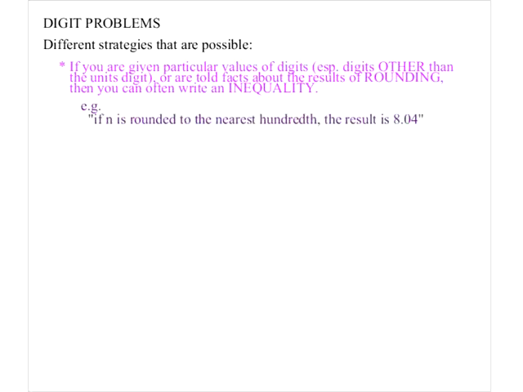Then that means that the lowest n can be is 8.035, and the highest n can be is 8.045. But you've also got to be very careful because n cannot actually be 8.045. That would round up. But n could totally be 8.035.